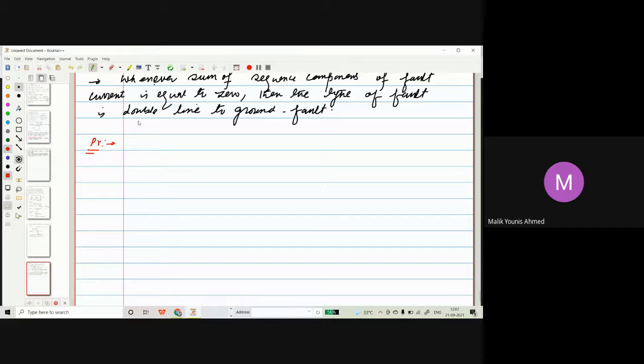This has been asked in GATE 2016. See, 2 have come from this. Again GATE 2016 this question was asked. 2 identical unloaded generators are connected in parallel.